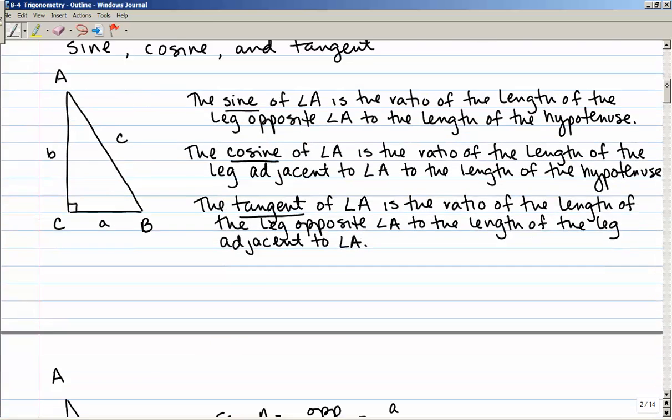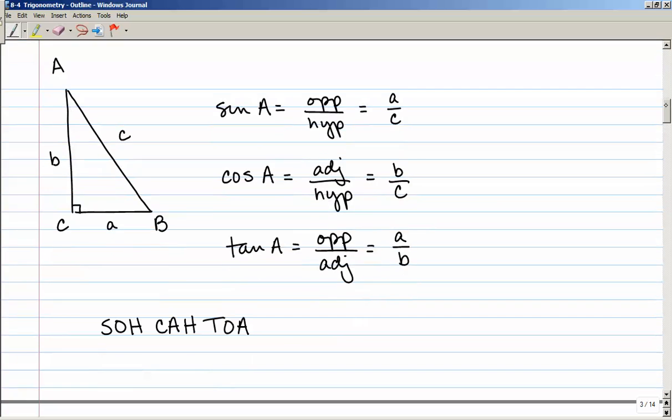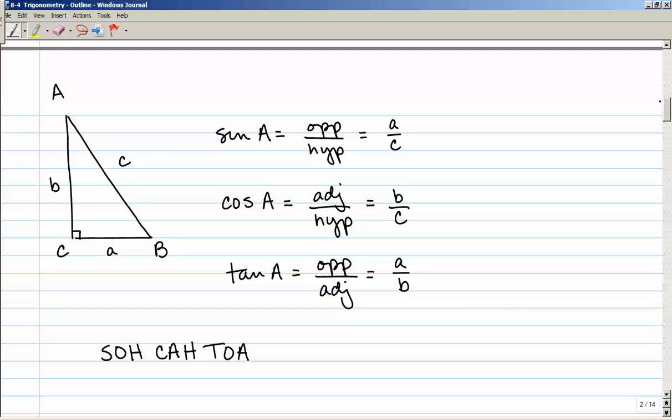So let's take a look at another little diagram here. We abbreviate sine, cosine, and tangent as sin, don't say sin though, it's sine, cos, say cosine please, and tan, tangent. So if I'm looking at angle A here, I'm going to circle it in pink. The side that is opposite angle A is little a over here.